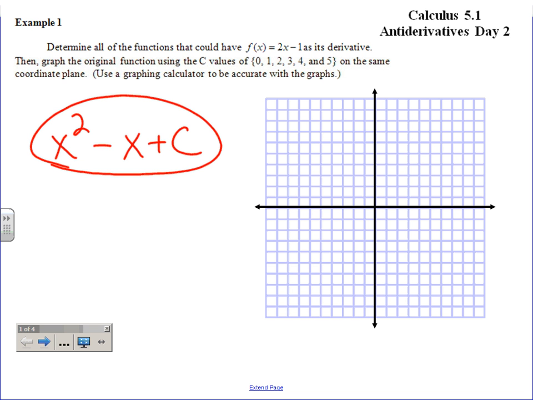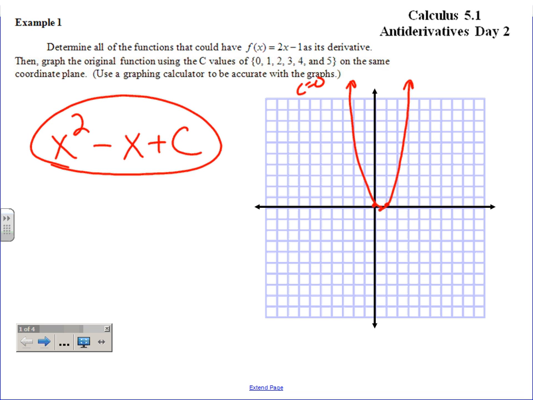And I'm going to help you with that because we don't want to be here all day. Plus, we're running short on time already. This is c equals 0. It's one of the originals.